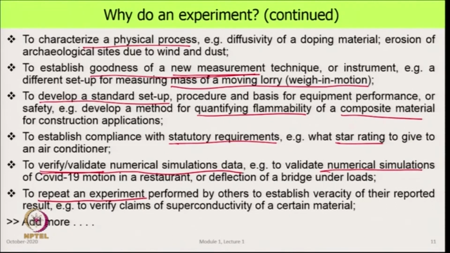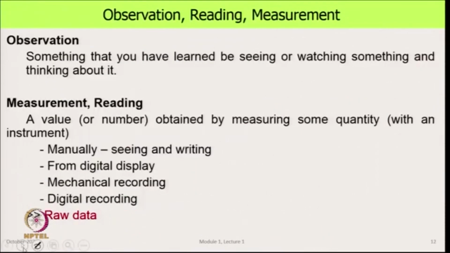We want to do it again and to see whether that person's result and your result match. Then we can have more confidence in the conclusions that we get. An example of that was the claims of superconductivity of a certain material. And you can all add many more things to this. This is just a small representative list of why we do an experiment.